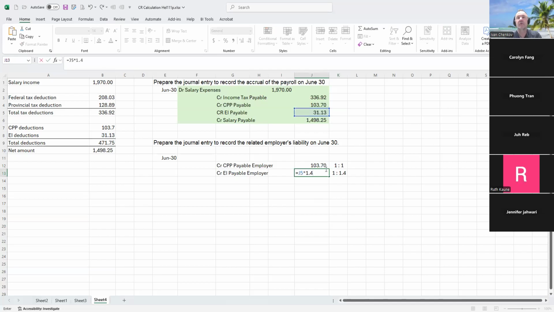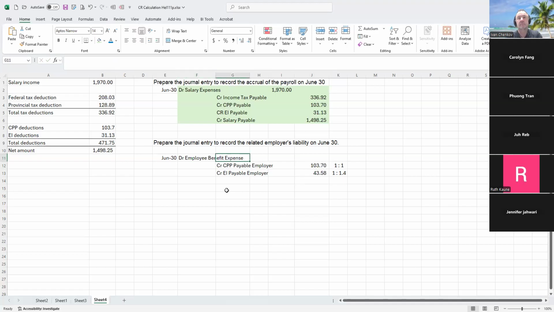Times 1.4. Okay, what's this for me? Employee benefits expense. Thank you. Benefit expense. And that will be equal to those two amounts. Make sense?